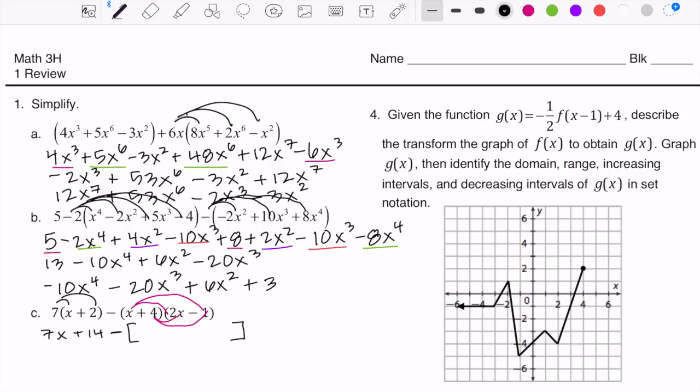So I get 2x squared minus x plus 8x minus 4. Again, order of operations says to take care of what's in the parentheses or brackets or grouping symbols first. So we get 2x squared plus 7x minus 4 inside, and then I can distribute that minus sign.